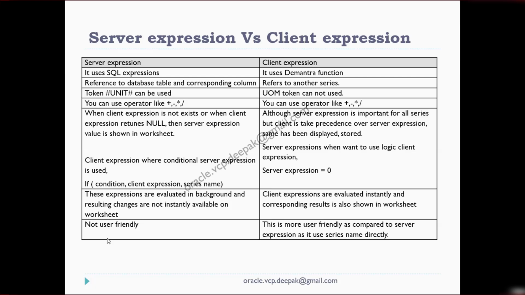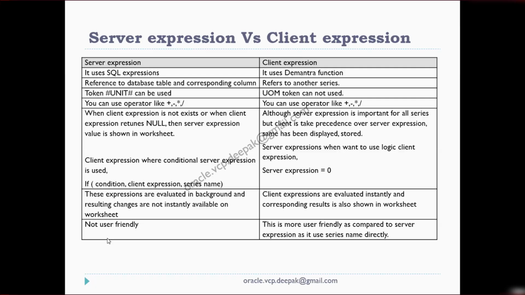If the client expression is not able to determine some values, then it shows the server expression data. For example, this kind of situation might happen: sometimes the client expression won't be able to give some values.